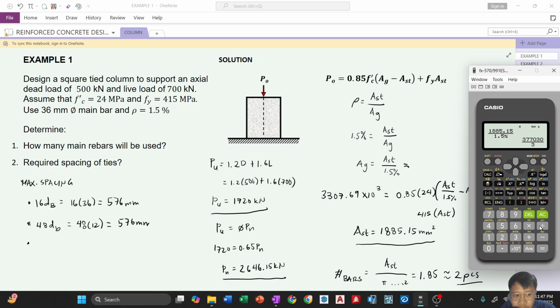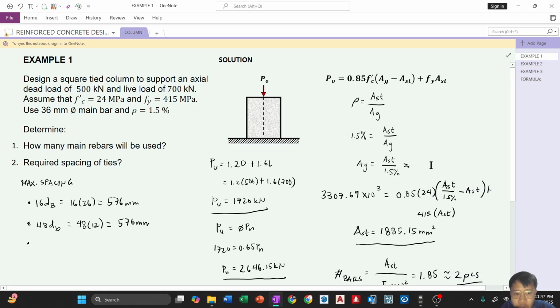And this is equal to 125,676.67 mm square. Okay, take note that the given problem is square tied column daw.